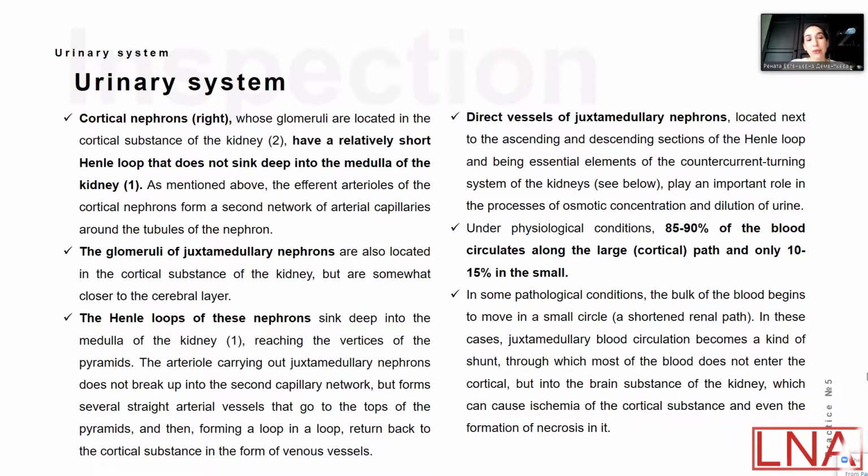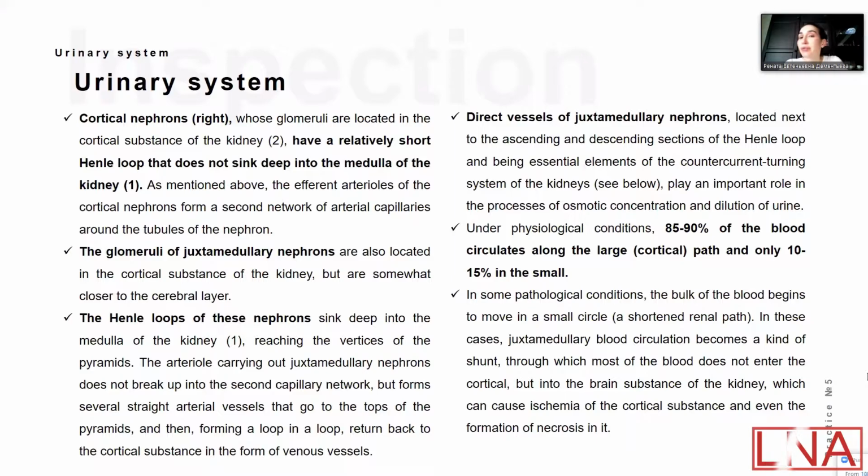The Henle loops of these nephrons sink deep into the medulla of the kidney, reaching the tops of the pyramids, and the efferent arteriole of juxtamedullary nephrons does not break up into a second capillary network, but forms several straight arterial vessels that go to the tops of the pyramids, and then, forming a loop, return back to the cortical substance in the form of venous vessels.